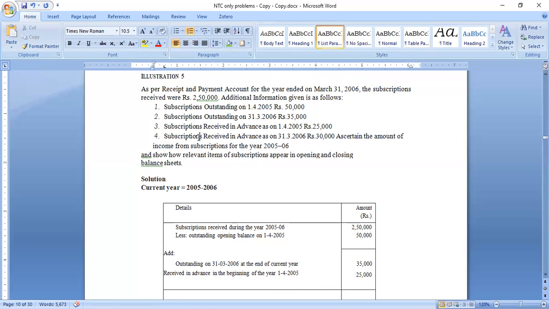So subscription received in advance at the end. So at the end of the year, they received advance, in the sense it belongs to a future year. So this amount we have to deduct.